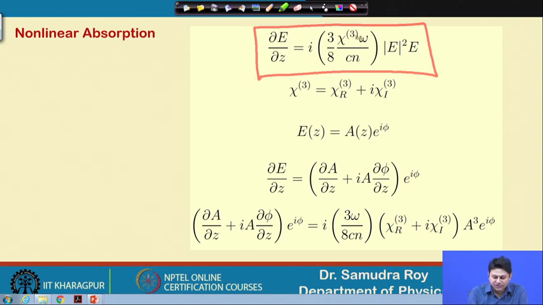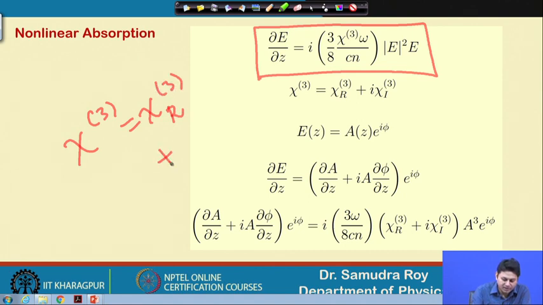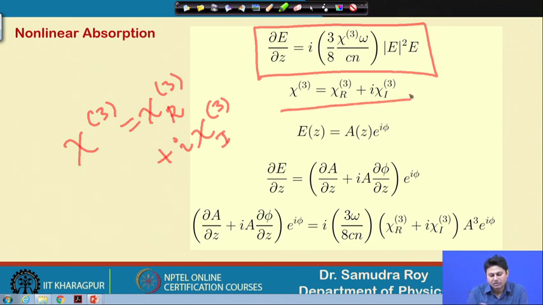we write this third order susceptibility into its complete form, which is the real and imaginary part. So far we were dealing with only the real part. Now we will introduce the imaginary part also. This is the complete form of the third order susceptibility, a real part and also an imaginary part.